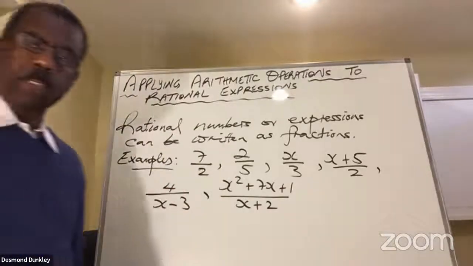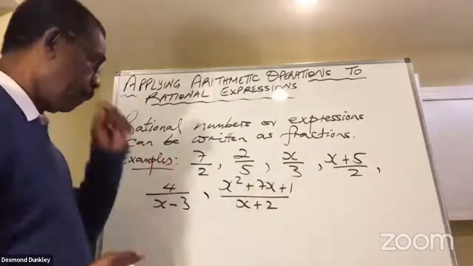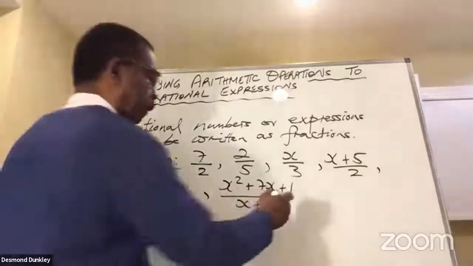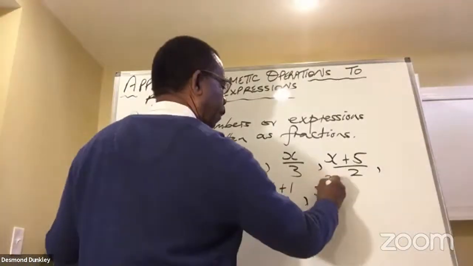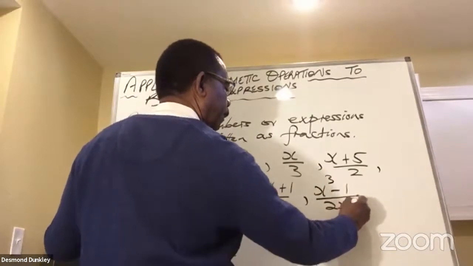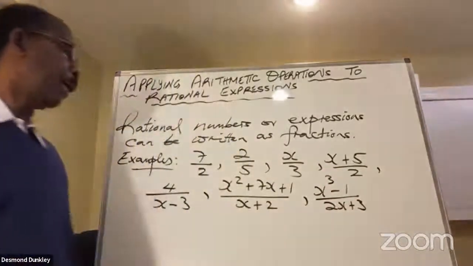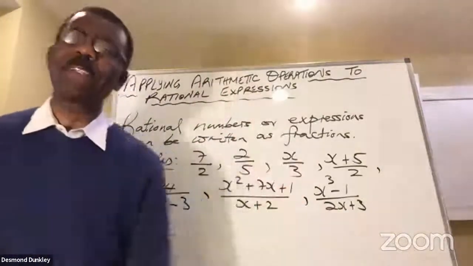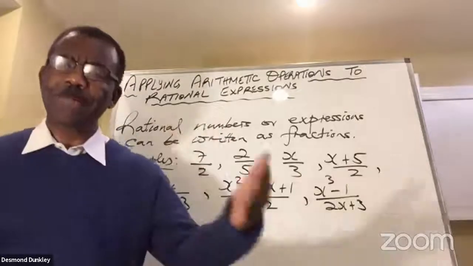That's a rational expression. So you can see it can get very complicated very fast. And you can write x cubed minus 1 over 2x plus 3. So all these are examples of rational numbers or rational expressions.